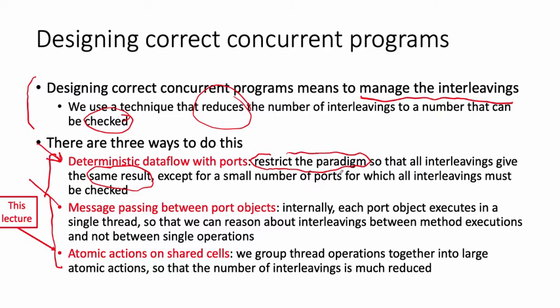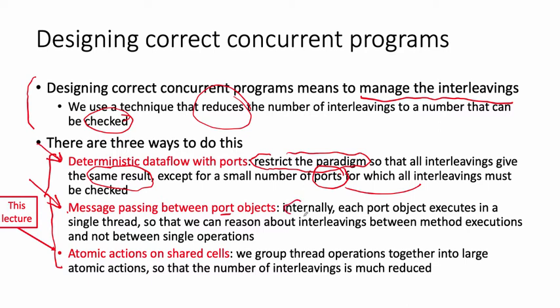So you have to add ports. And in the ports, you have to check, of course, all the interleavings. But the number of ports is small, so the number of interleavings you have to check is reduced. Okay? And the second paradigm is a similar idea. You have message passing between port objects.